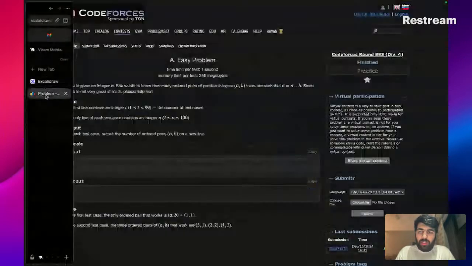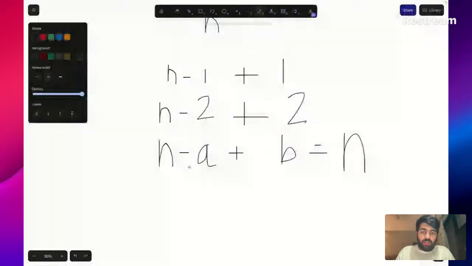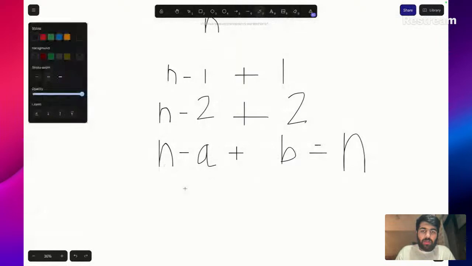So that is an ordered pair, and I want a equal to n minus b. Sorry, n minus 2 plus 2, and this whole number will be a. n minus a has to be equal to b.